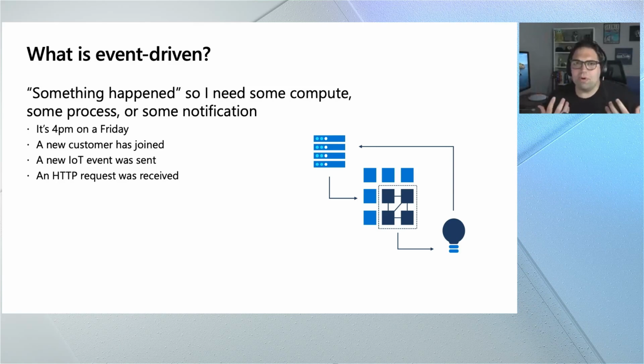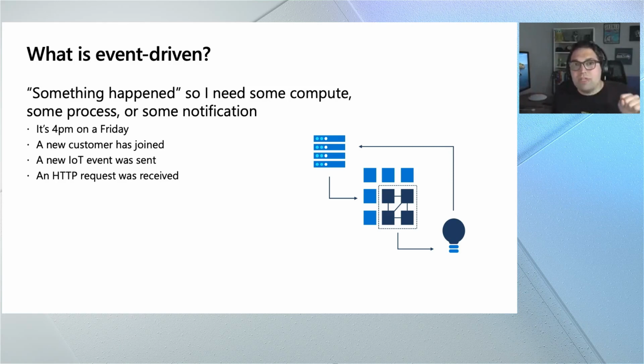Or in a very simple world, very generic, it might be an HTTP request. An event is somebody's coming to my website, somebody's visited here, they're clicking around, and events are happening every time they're clicking on different components that maybe I want to act in response to. So when you're building event-driven apps, you're really creating and crafting your code in a way so that you're responding directly to those events. That's the source that you're building off of.